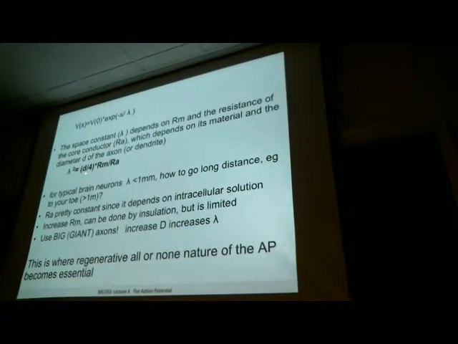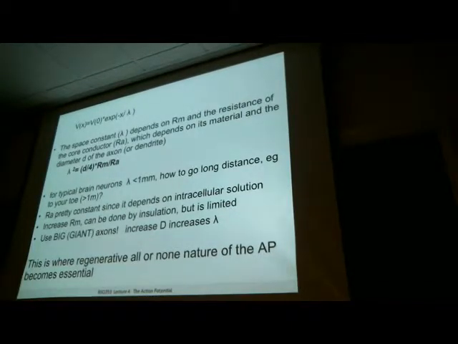The other parameter here is the diameter. The width of the axon is quite important, because of the ratio of those two things. If you think about a circle, you've got the ratio of the circumference of the circle relative to the area. And as the circle radius changes, those two things don't change the same way, right?